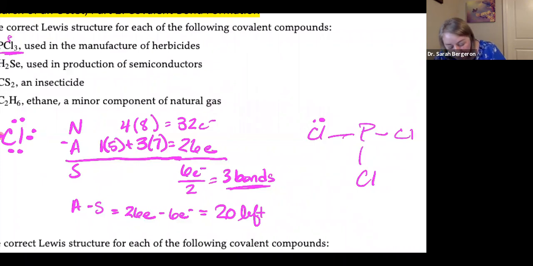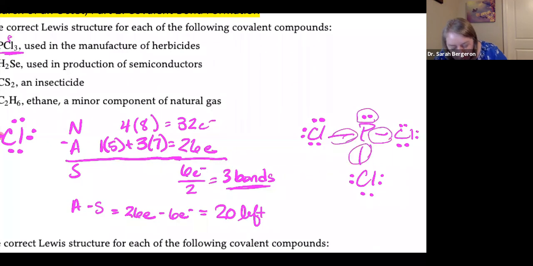So I have 1, 2, 3, 4, 5, 6, 7, 8, 9, 10, 11, 12, 13, 14, 15, 16, 17, 18. Now where do I put the other 2? 19, 20. Does everybody have a complete octet? Phosphorus has 2 on top. That's 2, 4, 6, 8. So it's happy.